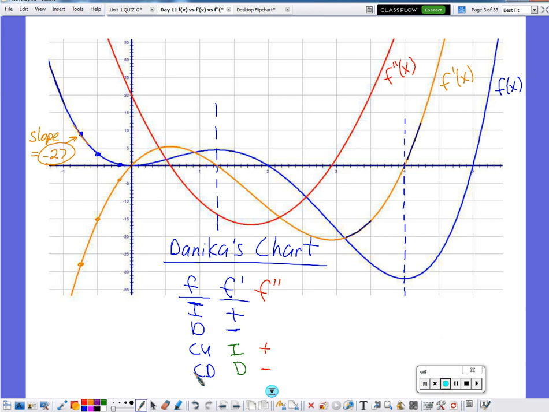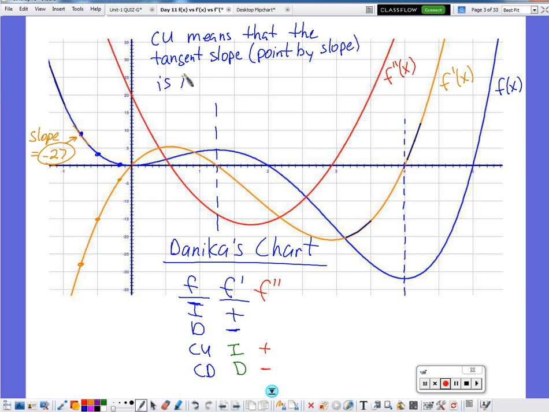Okay, the meaning of concave up, memorize this. Concave up means that the tangent slope, point by point, and that's really key, that idea of point by point, is increasing.